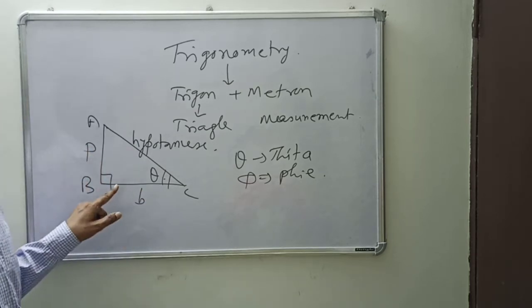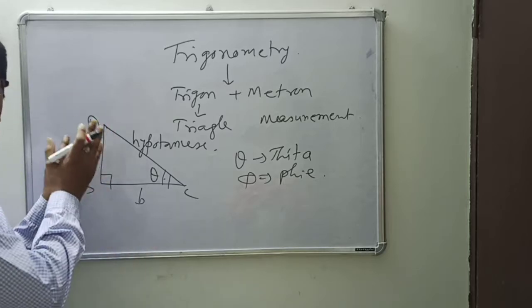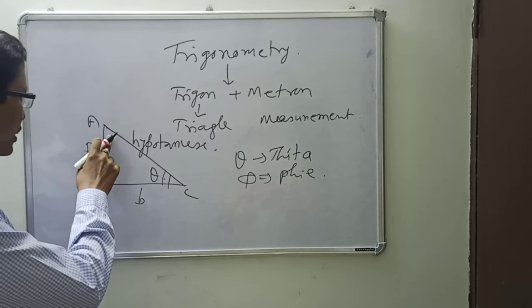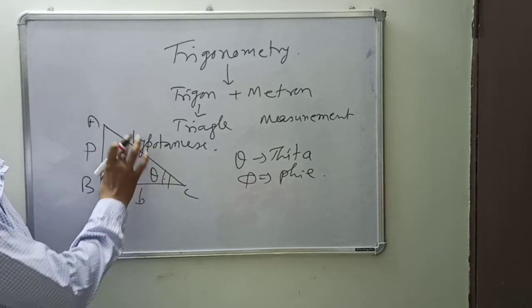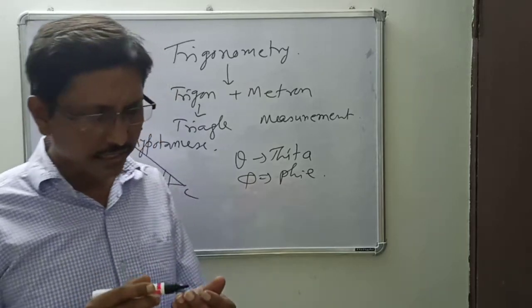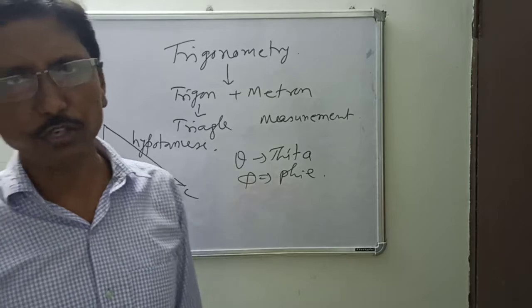But base and perpendicular are not fixed; they depend on the angle we discuss. If we take angle A, with respect to it this side will be the perpendicular and that will be the base. So for the right triangle you have three sides: perpendicular, base and hypotenuse.